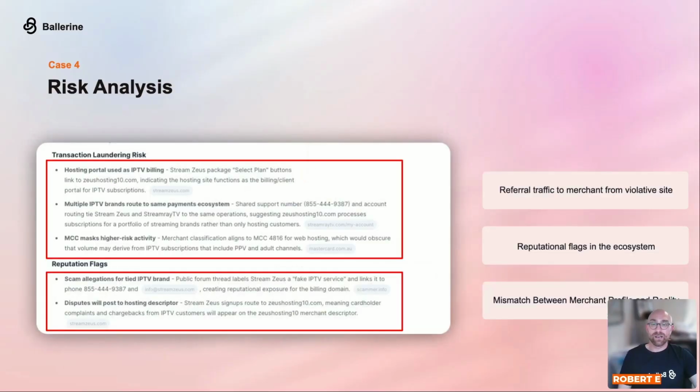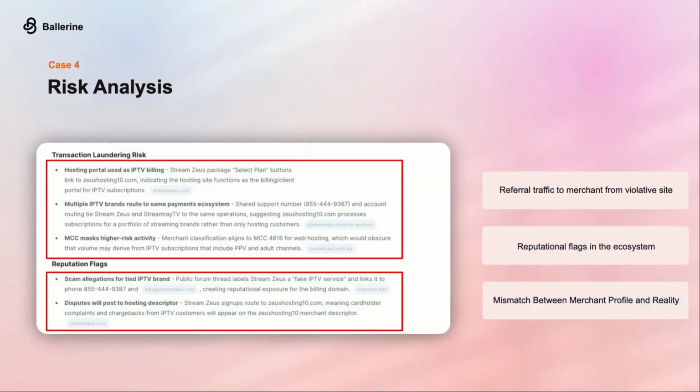This was done based on shared support phone numbers, and on tracing the actual buyer flow on the violating side, to understand that the billing and client portal actually happens through the front merchant.